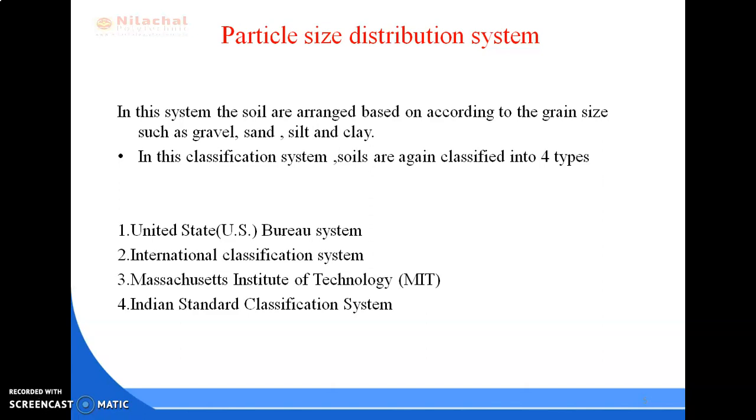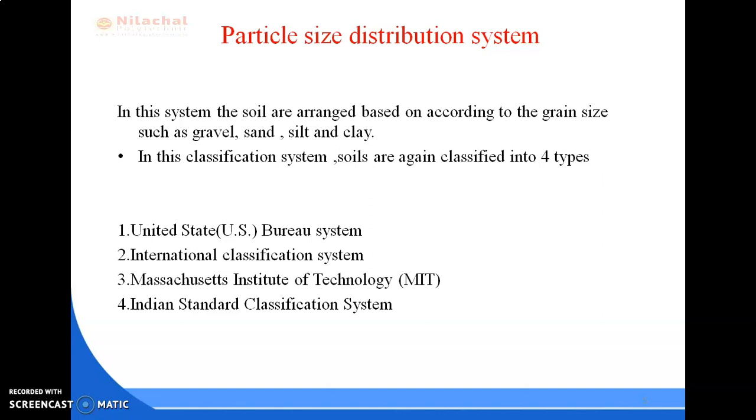So in this system, the particle size classification, we know that the soils are arranged according to the different grain sizes. Some examples are given here: gravel, sand, silt, clay. Basically these terms are used only as designations of particle sizes and do not signify the naturally occurring soil types, which are mixtures of particles of different sizes and exhibit definite characteristics.